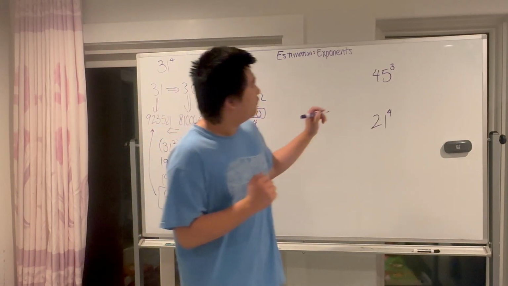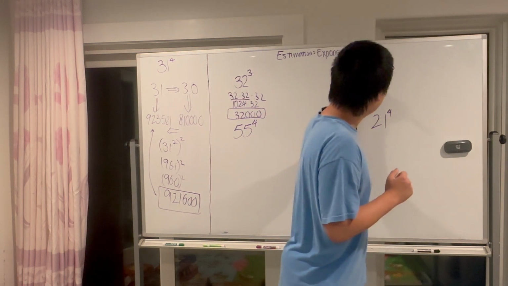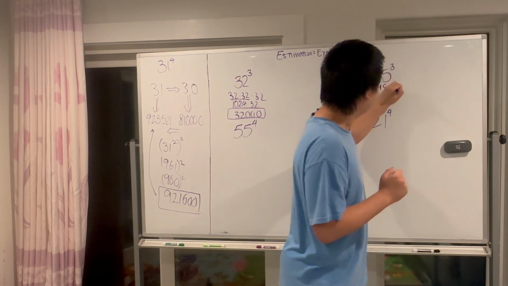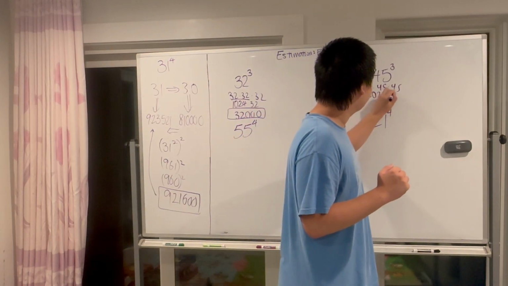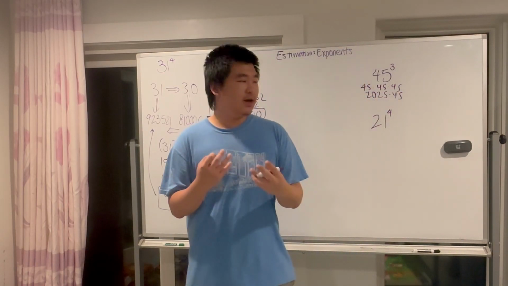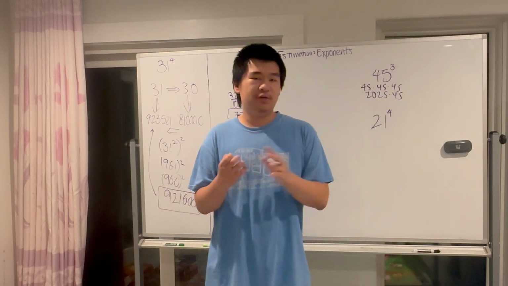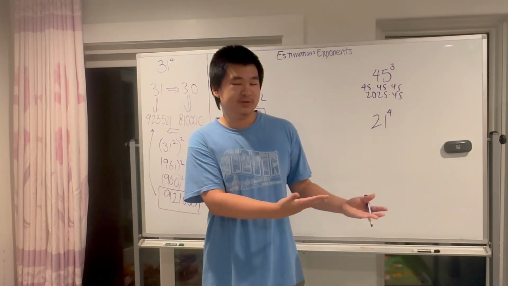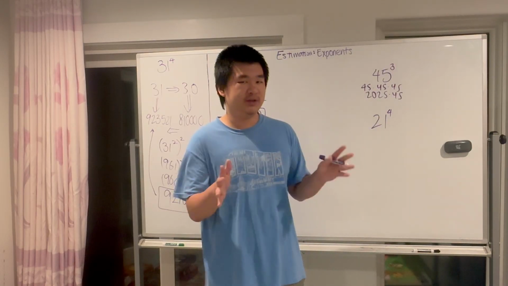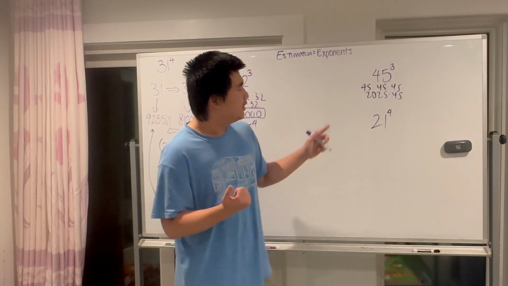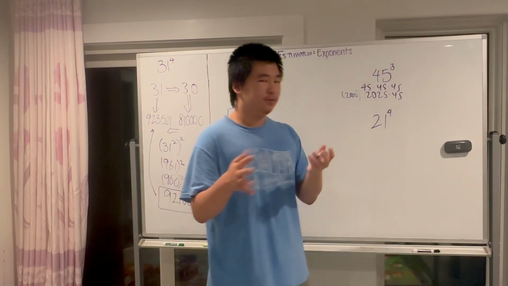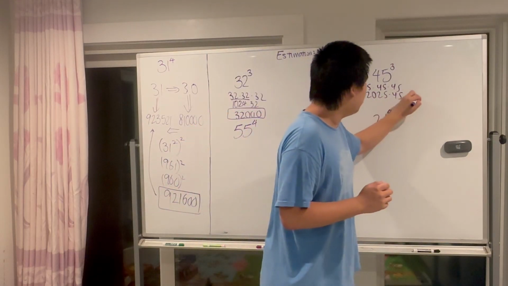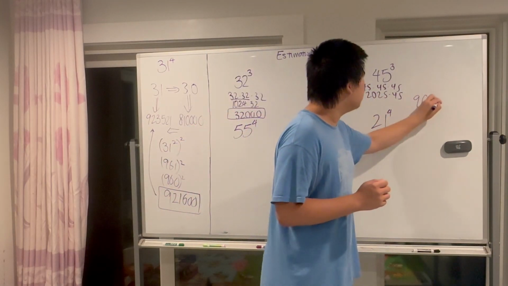So we can write 45 cubed equals 45 times 45 times 45, and this is equal to 2025 times 45. Now, once again, 2025 is close enough to 2000 that we can just round it to 2000, and we're only going to have like a 1% error on our final answer, which is really nice. So if we say this is just 2000, then we can write our final answer to be just 90000.